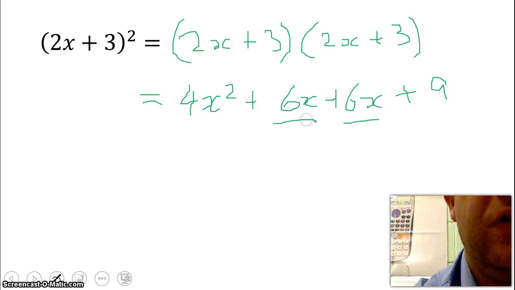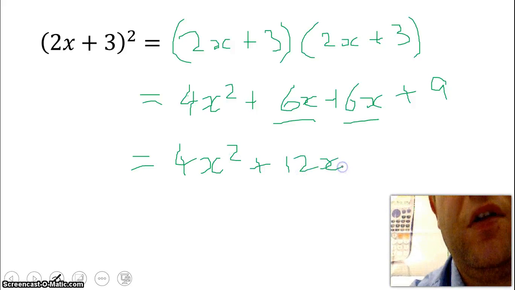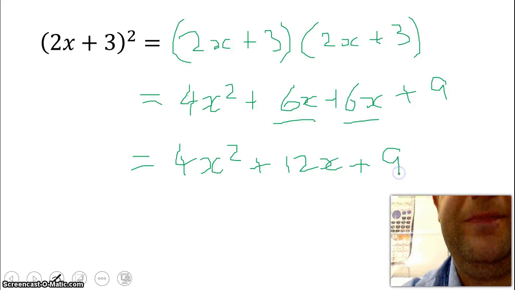Again we've got two like terms, so we write 4x squared, 6x plus 6x gives us 12x, plus our 9.